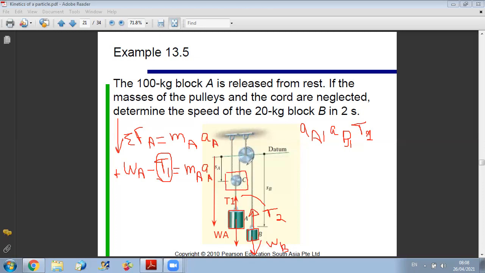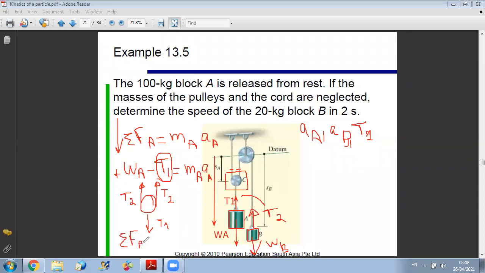Okay. So here, if you take this pulley as a system and you draw its free body diagram, you have the following. For pulley C, you have the T1 force acting downward. And since you did a cut at two places here, then you will have T2 here and T2. Okay? And since your pulley is massless, then you can say that sum of forces acting on this pulley is equal to 0.